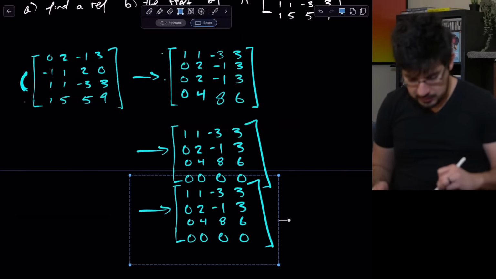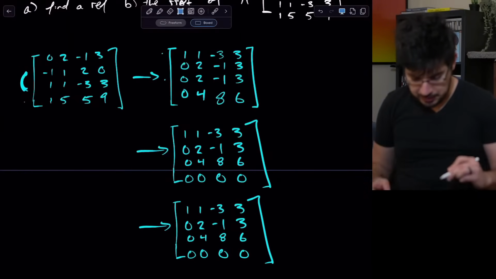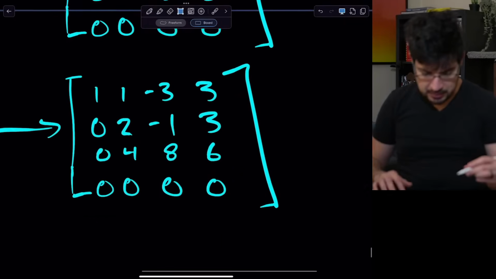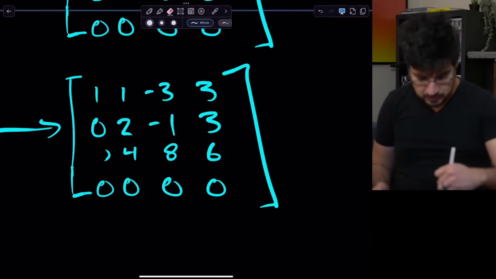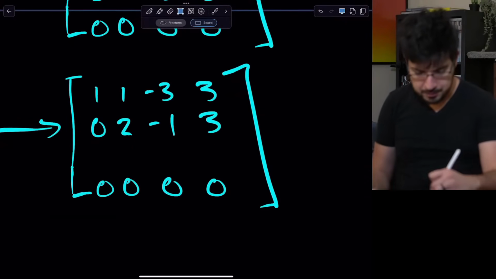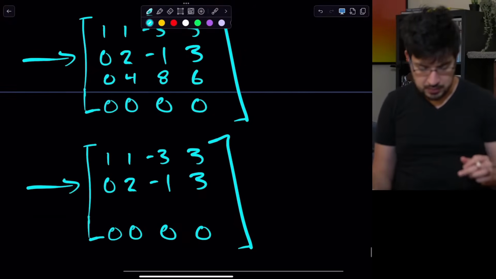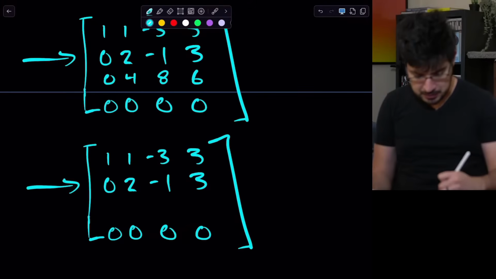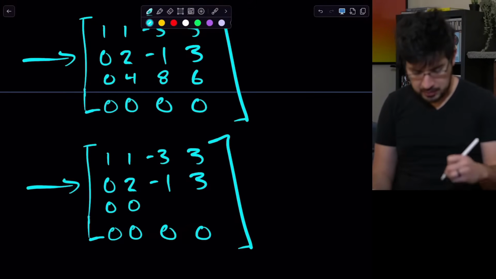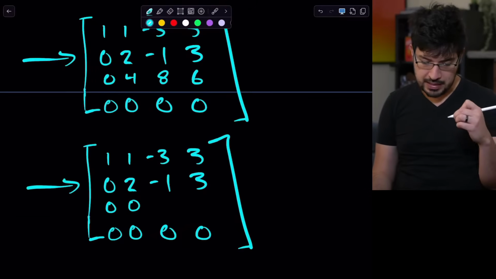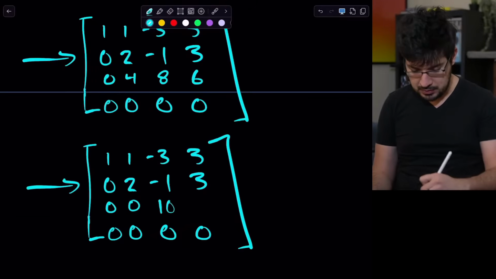And use this really neat feature to duplicate. And now I can rewrite this row. So we want to subtract 2 times the second row. 0 is still 0. 4 minus 4. 8 plus 2.